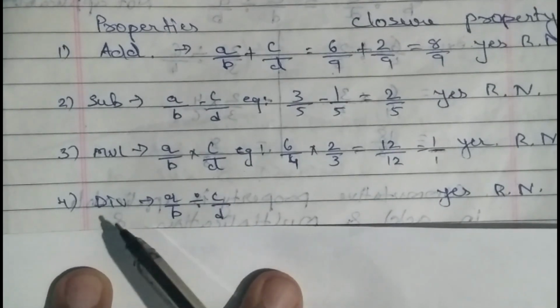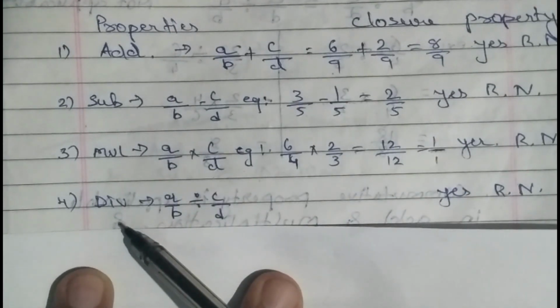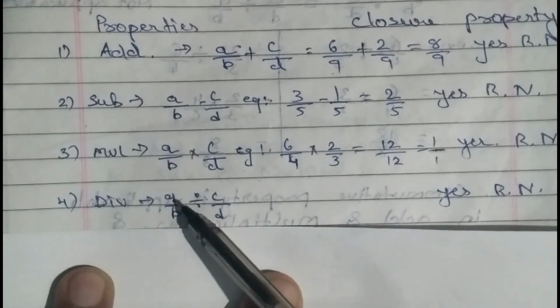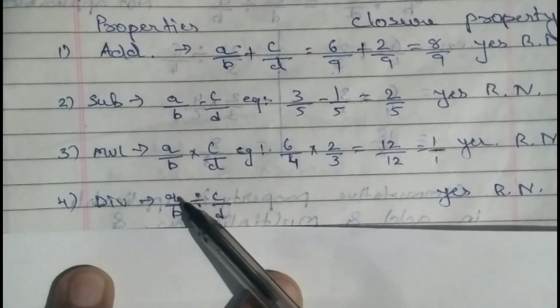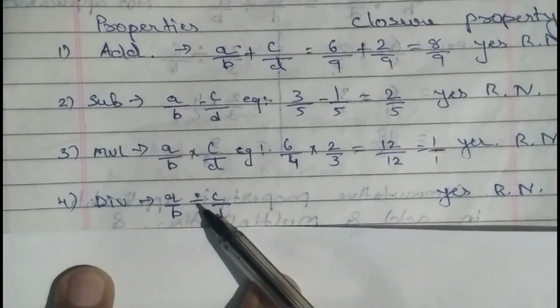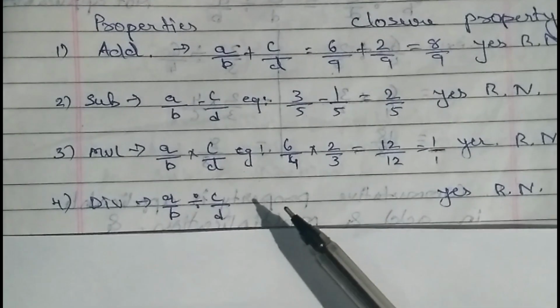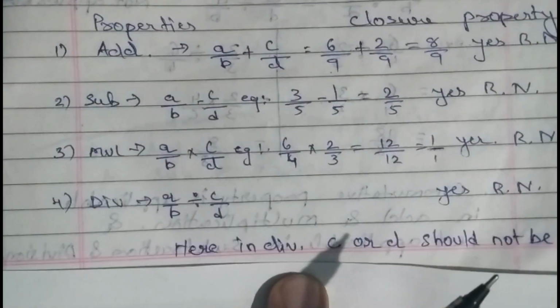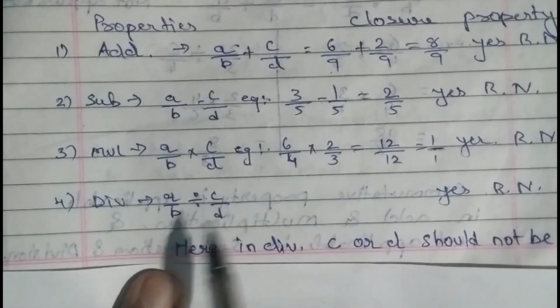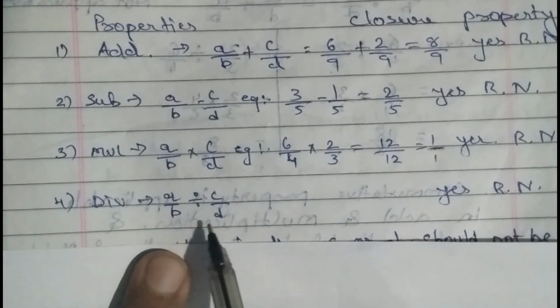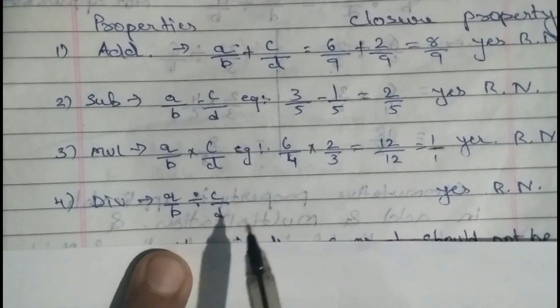Let's go on to the last of the closure properties, that is division. A upon B divided by C upon D. Here the collection of non-zero rational numbers is closed under division.